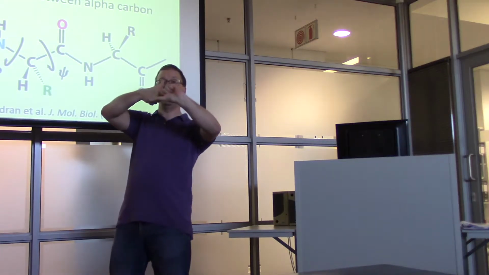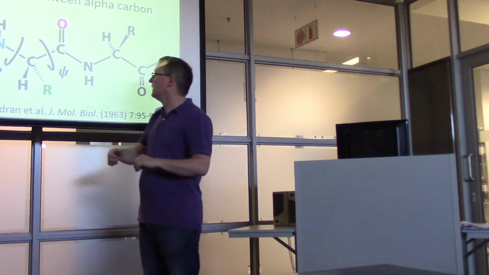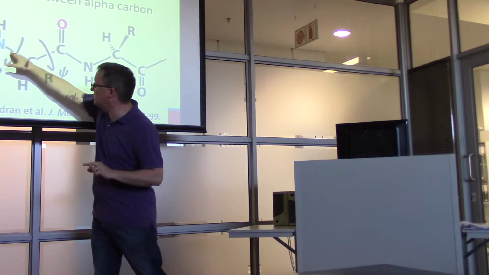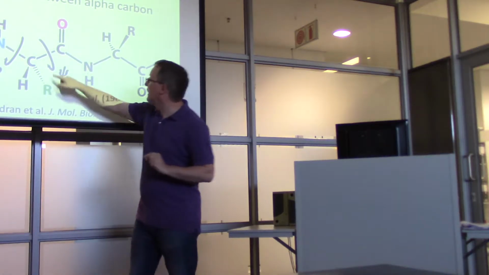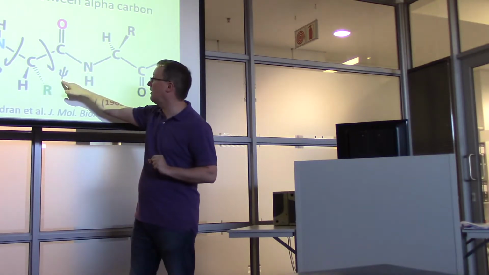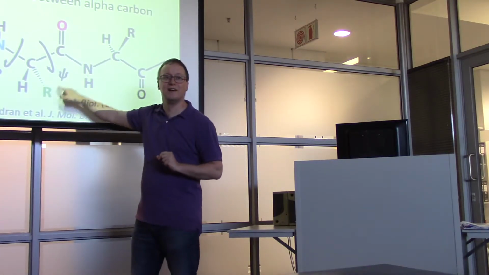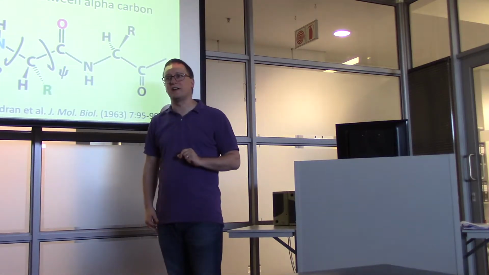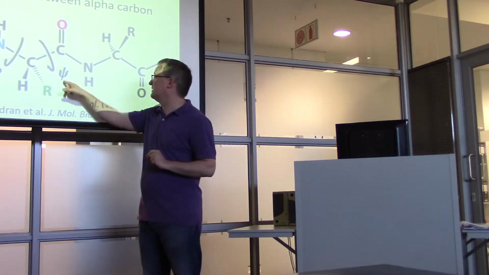It could be 180, it could be 0, it could be whatever, right? There's some reasons it wouldn't be 0, but that's okay. So this rotation is one we're going to call phi. And this one, between the alpha carbon and the carbonyl, we're going to call what? Psi. That's called psi.